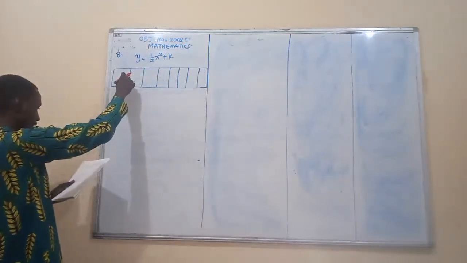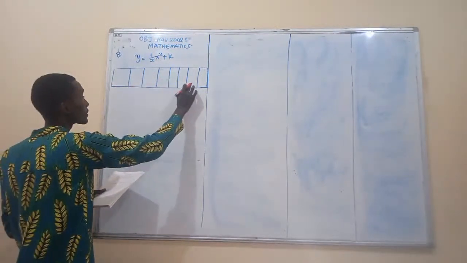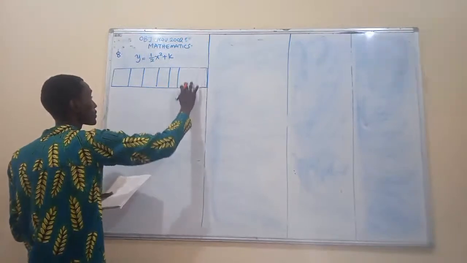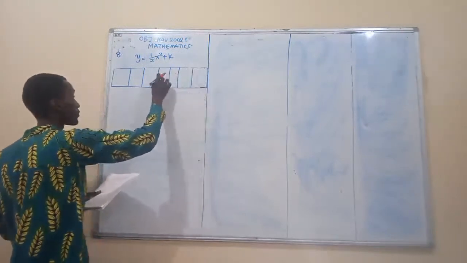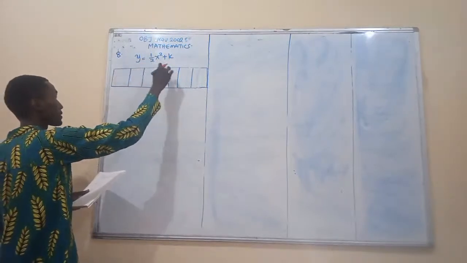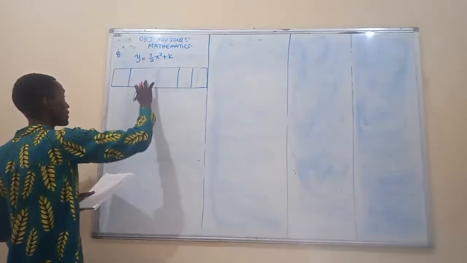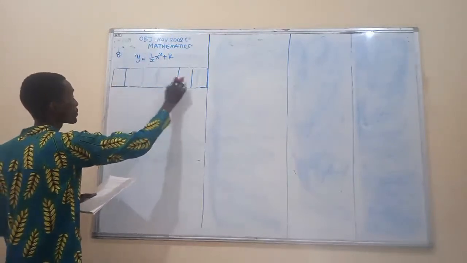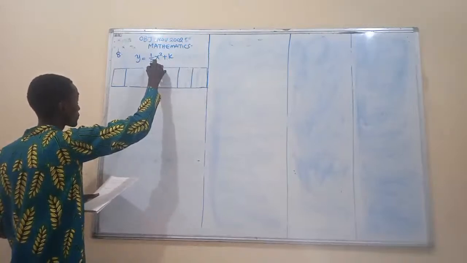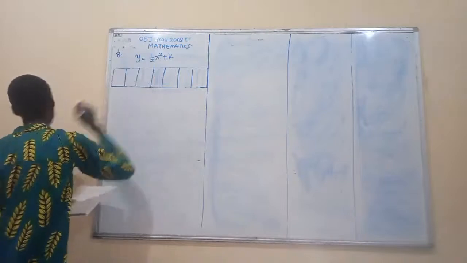All right. So I have 7 items. 1, 2, 3, 4, 5, 6, 7. All right. Adjust this a little. 1, 2, 3. So I need 4 items from here. All right.